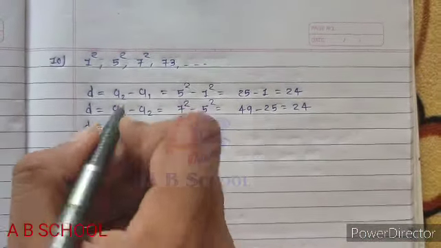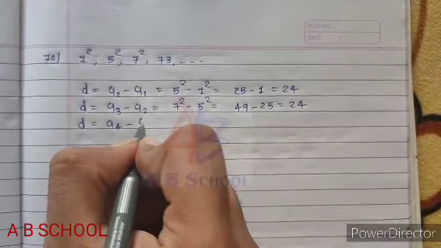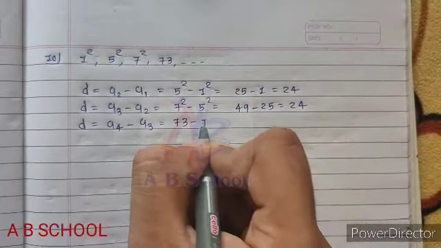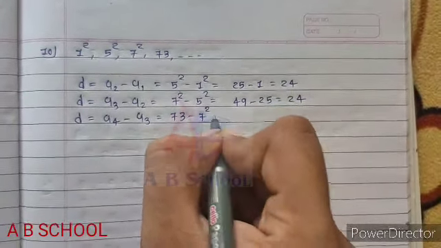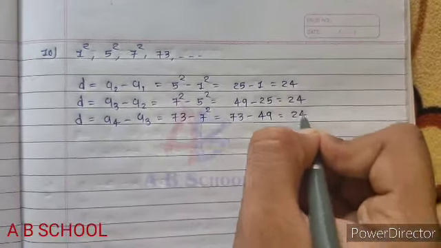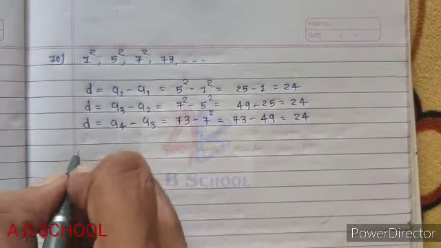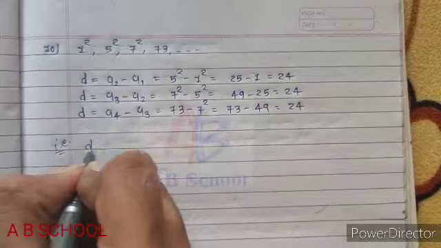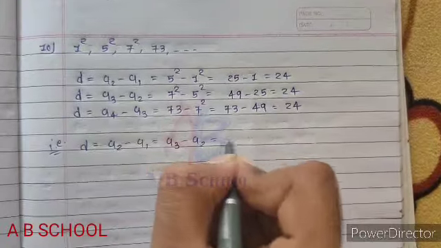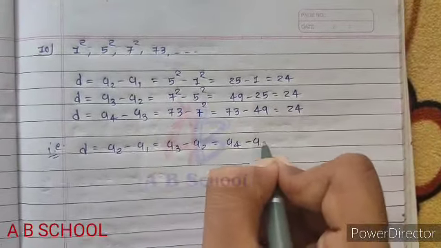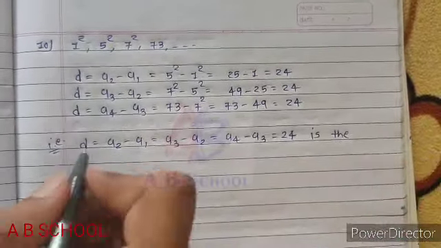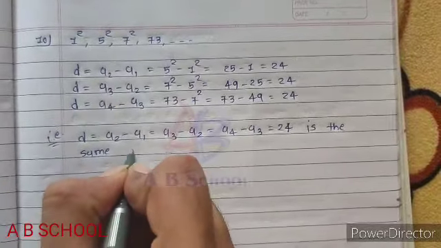For the common difference D is equal to A4 minus A3. Value of A4 is equal to 73 minus A3 is equal to 49, that means 7 square. 73 minus 49 is equal to 24. That is, common difference D is equal to A2 minus A1 is equal to A3 minus A2 is equal to A4 minus A3 is equal to 24, the same every time.